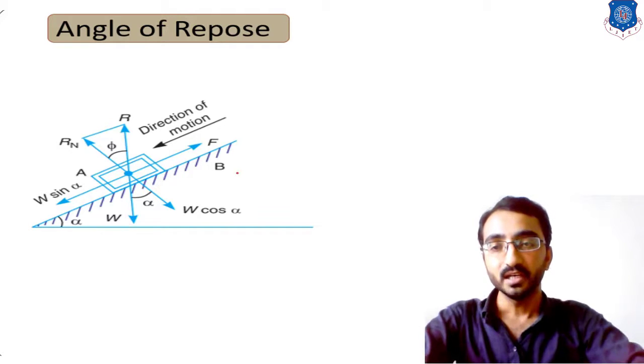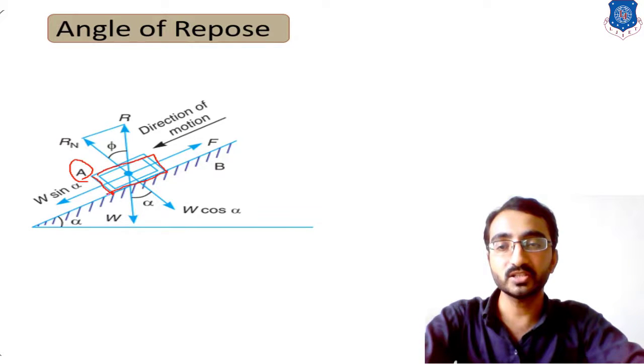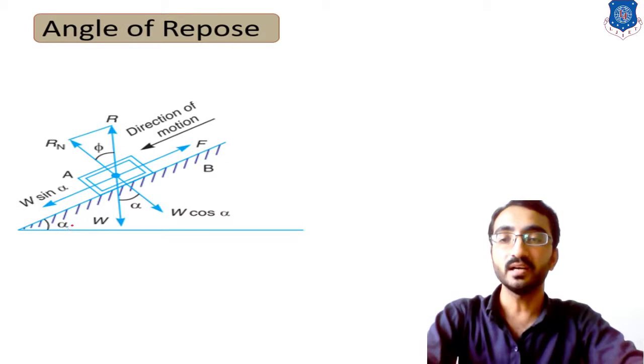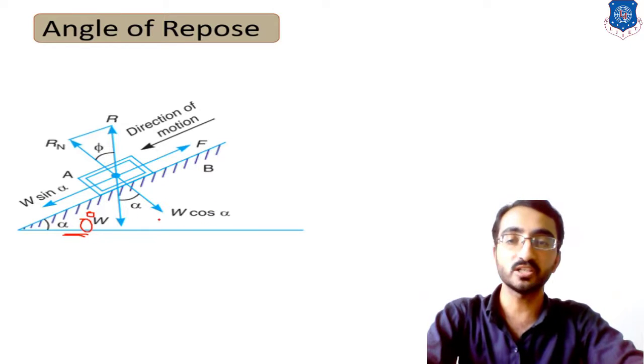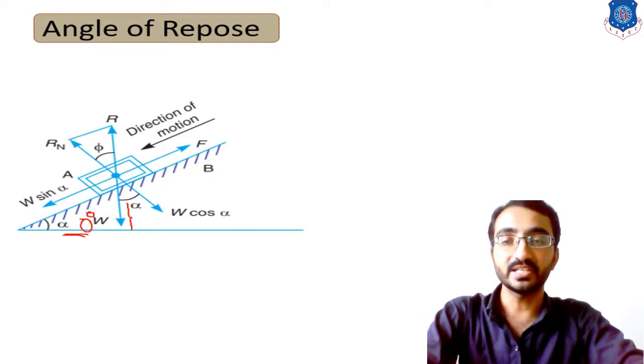In this diagram, body A is resting on an inclined surface, and this inclined surface makes an angle alpha. Suppose that initially it is in a horizontal condition. In that case the angle will be 0 degrees, we can assume. So the body will be in a steady state condition.